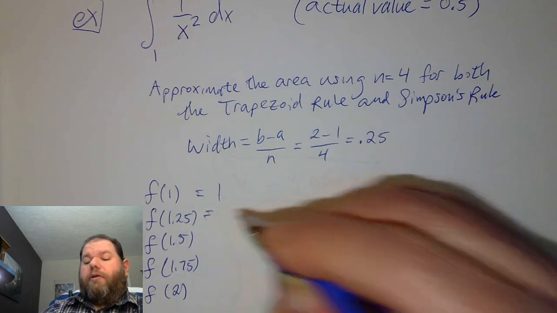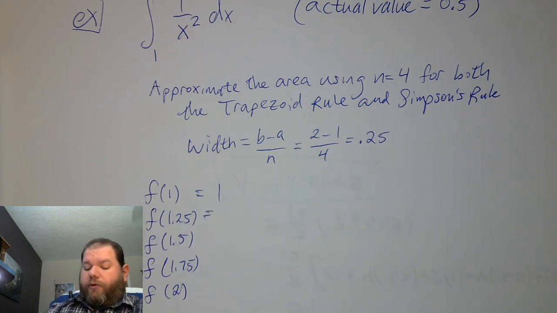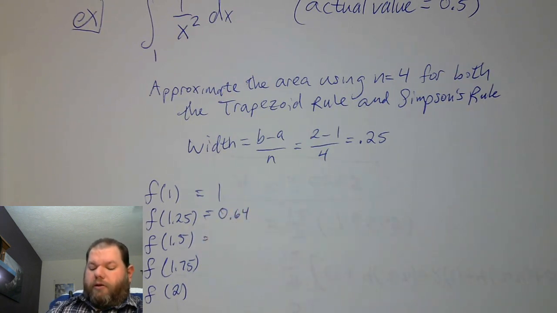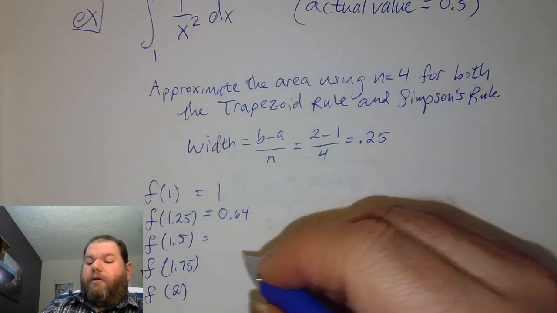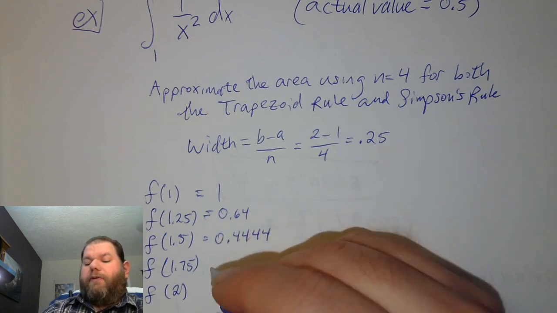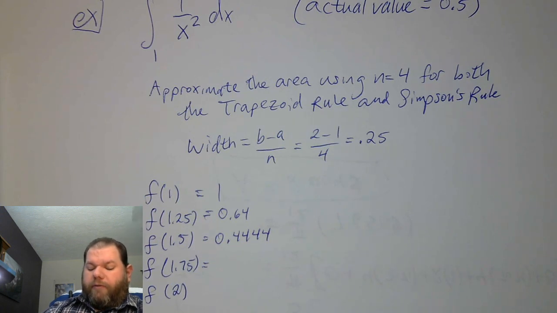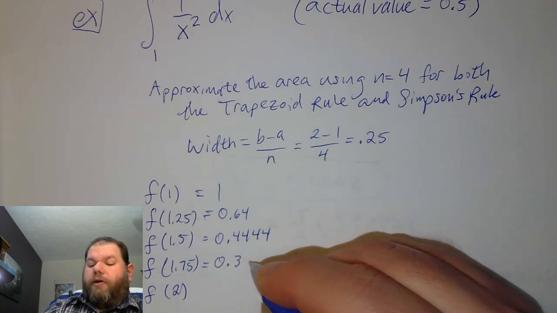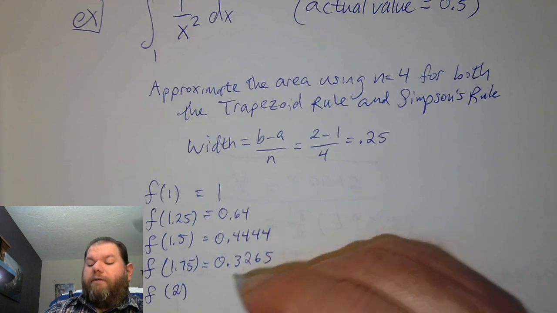Then we'll have to calculate the rest. 1 divided by 1.25 squared is 0.64. 1 divided by 1.5 squared is 0.4 repeating, so we'll just go to 4 decimal places. 1 divided by 1.75 squared is 0.3265.